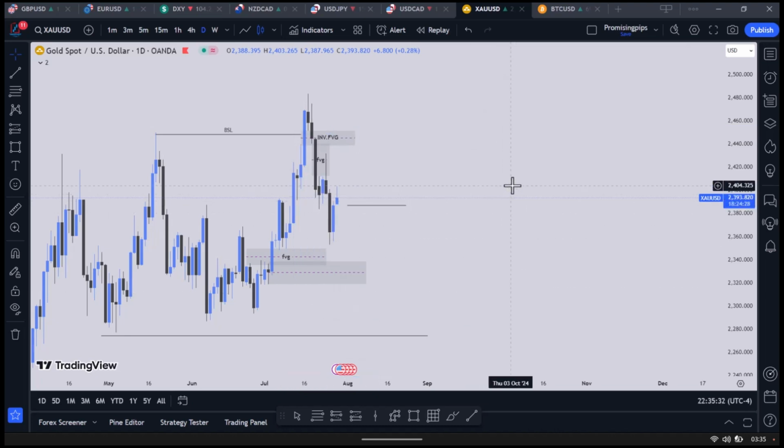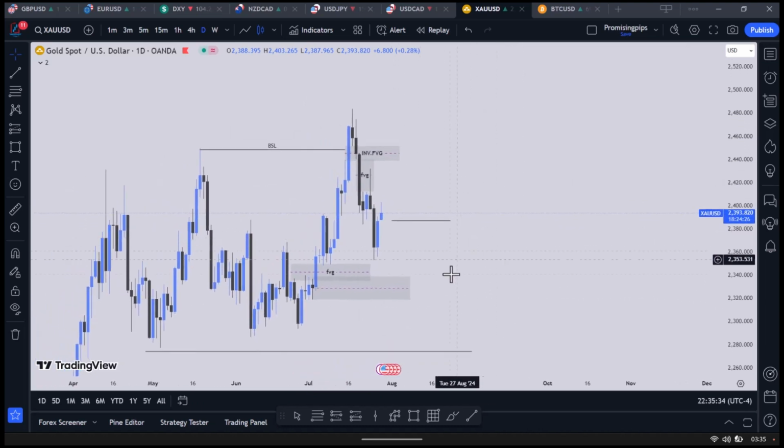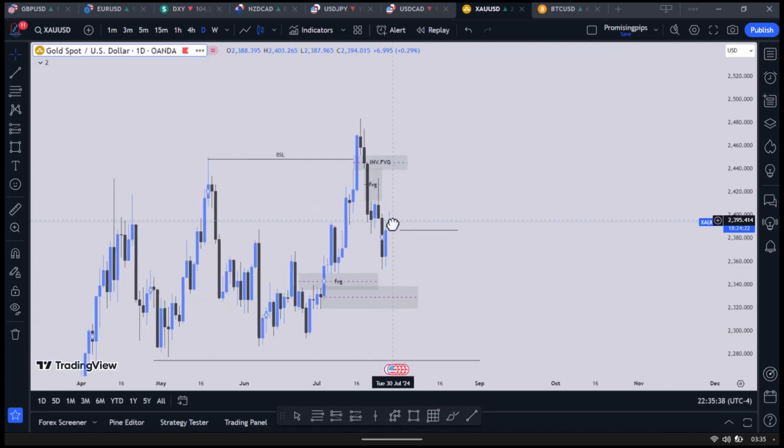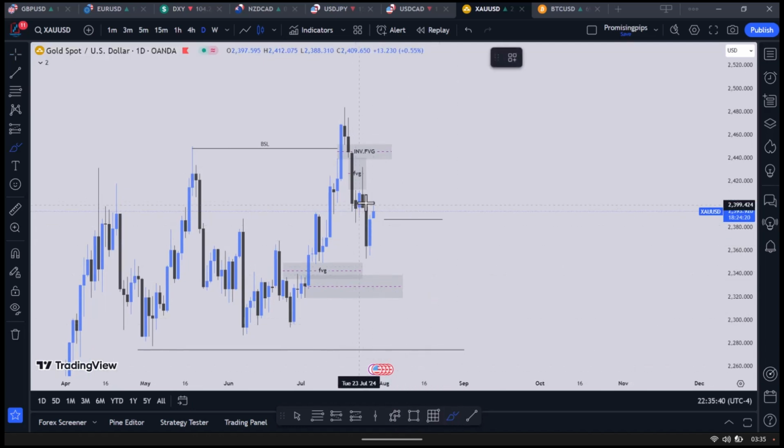So now I'm having two options. If the market starts selling down again, I will be looking to buy at this angle, buy up here.